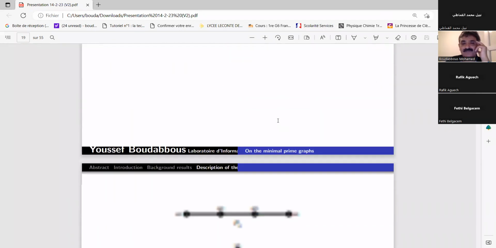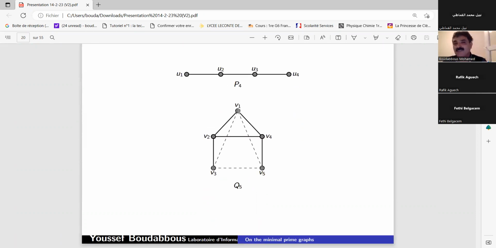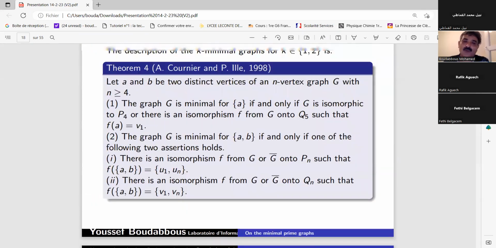In this figure, P4 is minimal for any vertex. It is minimal for U1, U2, U3, and U4, for any singleton, but Q5 is minimal for this vertex V1. And we see that there is a P4 here, containing V2, V3, V4, V5. It's not minimal for the other vertices, but it is minimal for V1, since there is no P4 containing V1. That is the characterization, or the description, of the 1-minimal graph.